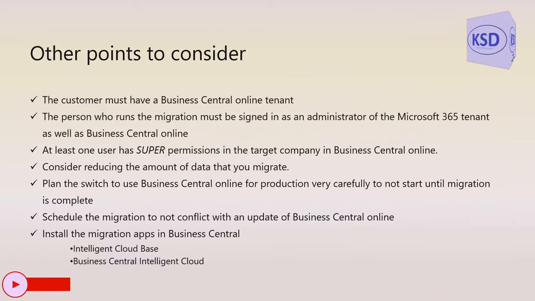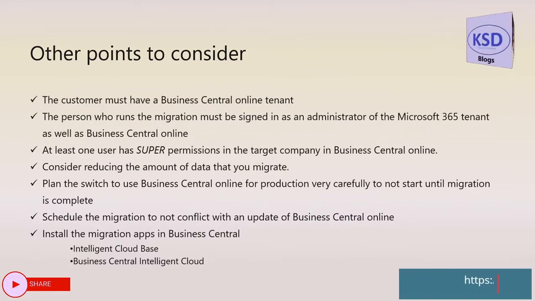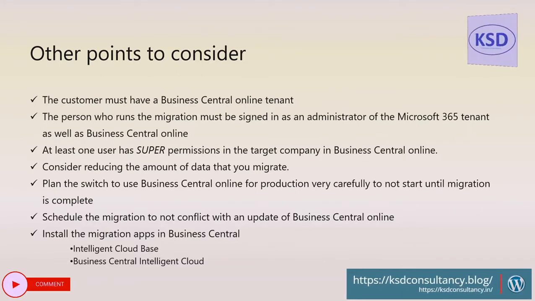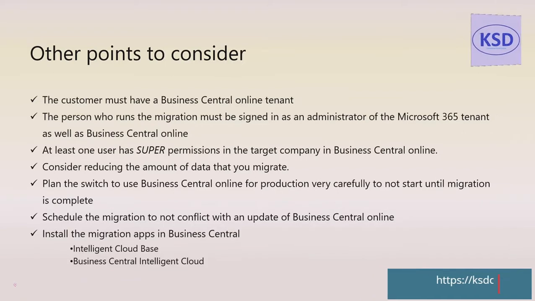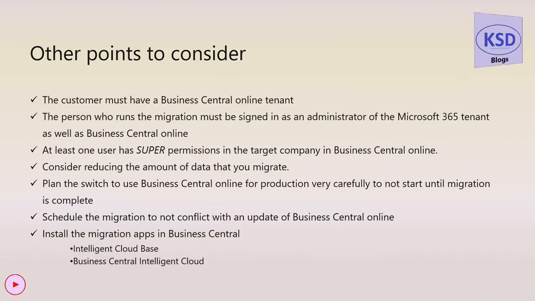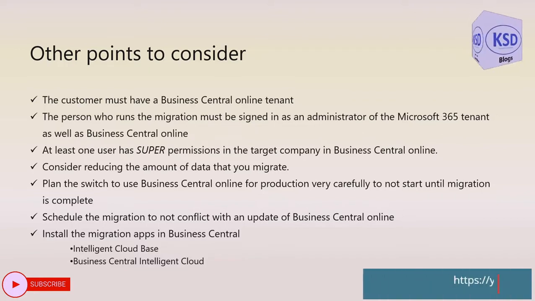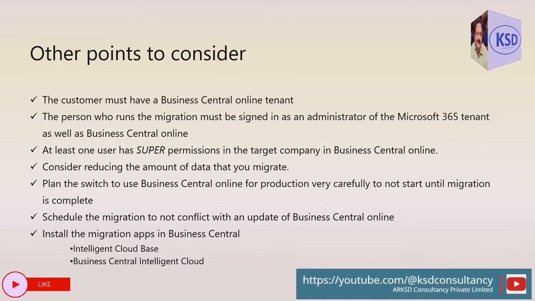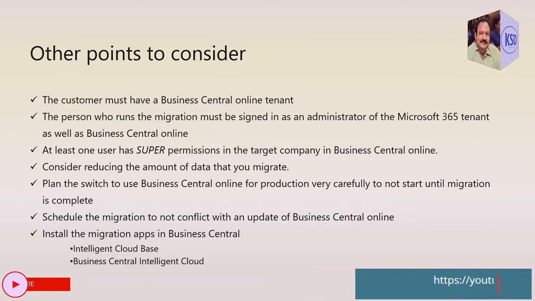Other than these, there are a few more points that you should consider. Obviously, if you are migrating to online, you should have one online tenant. Second, there should be a user who is going to run this migration.